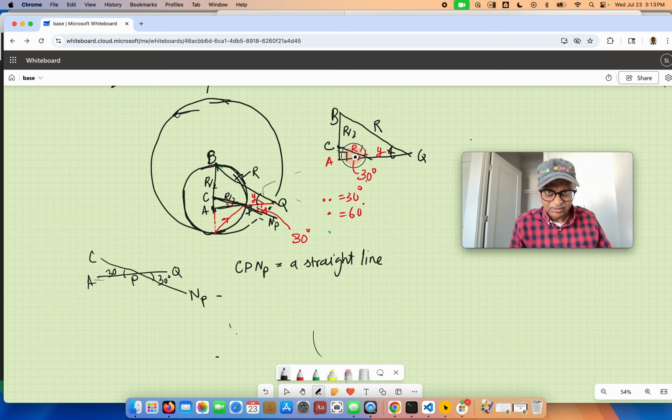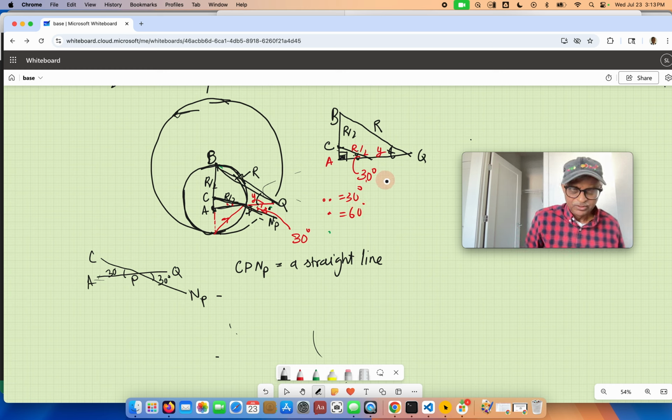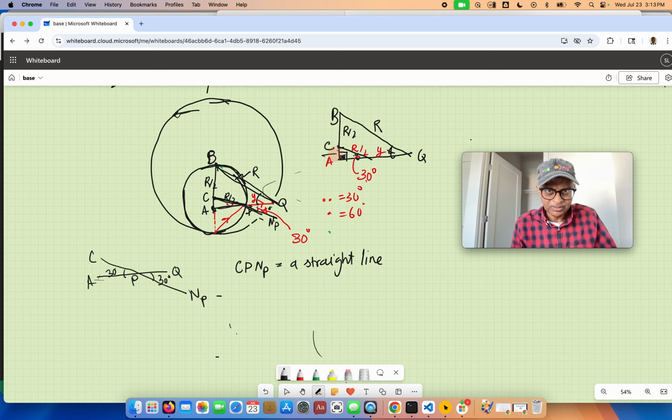This is the radius of the smaller circle, that's R over 2. This is the radius of the bigger circle, that side. And so the corner here is 90 degrees, right? That's 90 degrees. So if you look at this, the only thing that we don't know, I'm just going to call it Z.